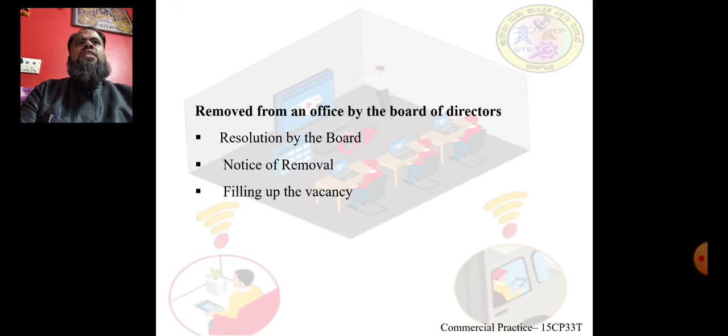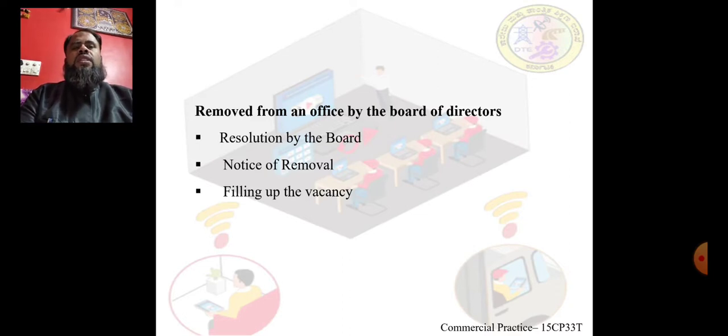Yes, these are the certain procedures that can be followed for the removal of the company secretary. No doubt, the company secretary can be removed by the board of directors, by passing a resolution in the board of directors meeting. Second one, notice of the removal. Now the company secretary has to be sent the notice of the termination of his service.